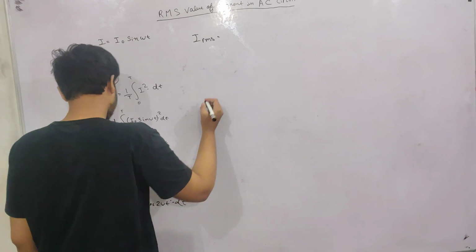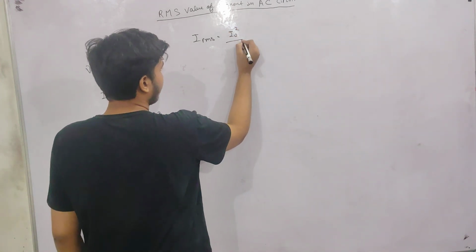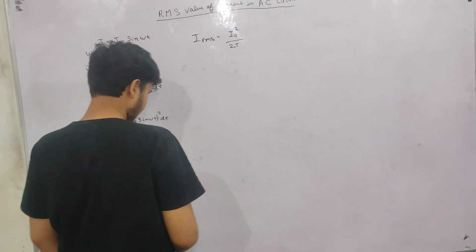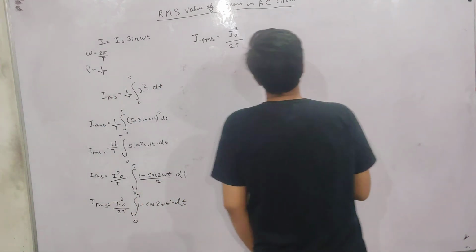I RMS equals I naught whole square by 2T, 1 minus cos 2 omega t. Value we will write sin.